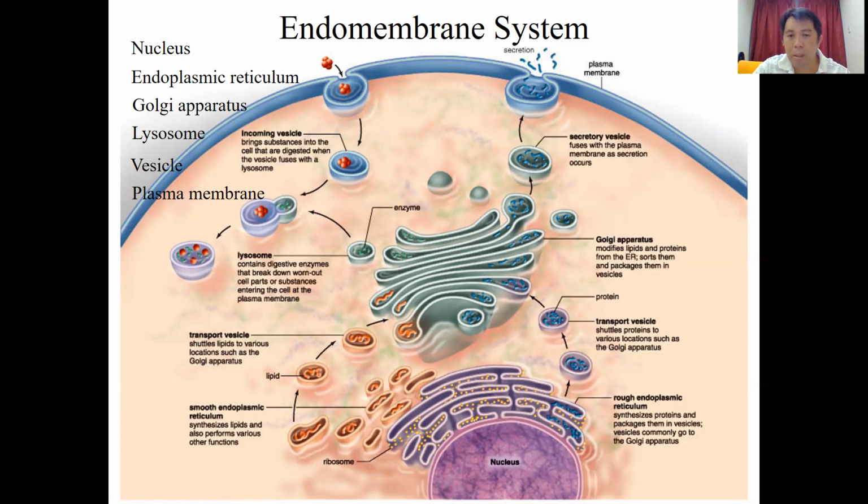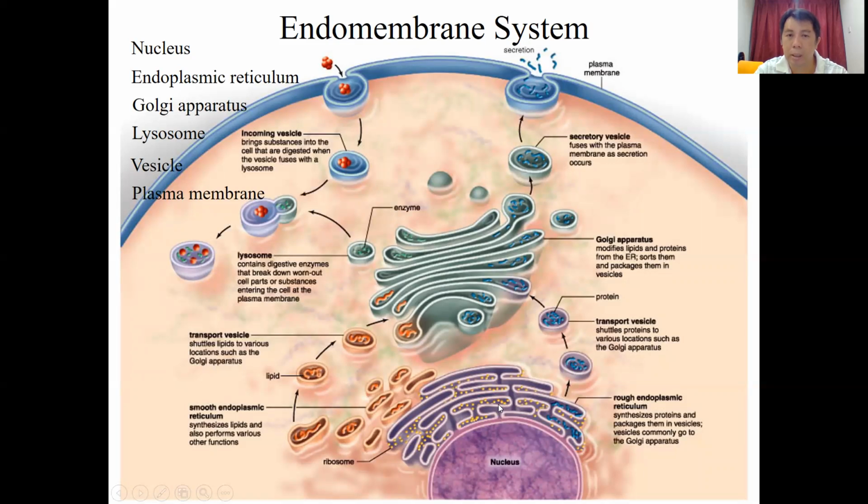So the membrane molecules, the phospholipid molecules, may be found in the rough endoplasmic reticulum. Then they will be moved to the Golgi apparatus, and they may go to the lysosome. Or they may be transported out and fused with the plasma membrane. Therefore, they form a membrane system we know as the endomembrane system.